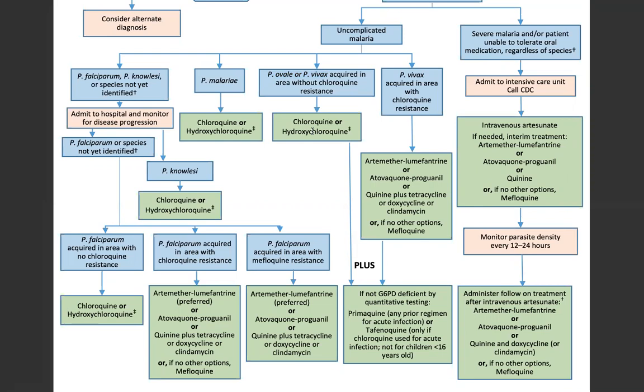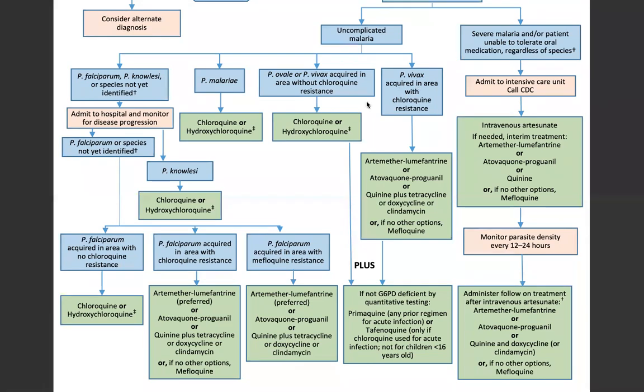If not responsive, you can add primaquine, but before giving primaquine, test for glucose-6-phosphate dehydrogenase, or tafenoquine only if chloroquine was used for the acute infection, not for children less than 16 years old. And we cannot give primaquine and tafenoquine to pregnant women, so consider chloroquine.